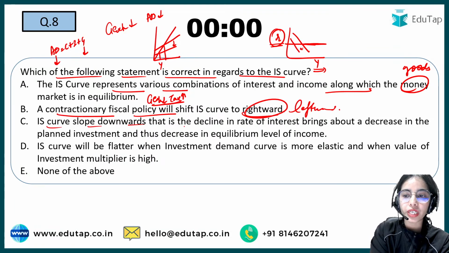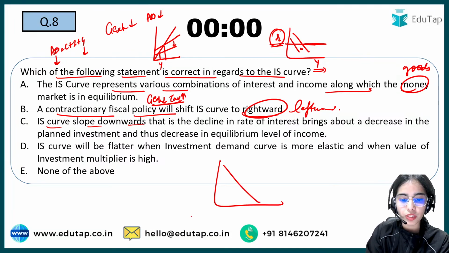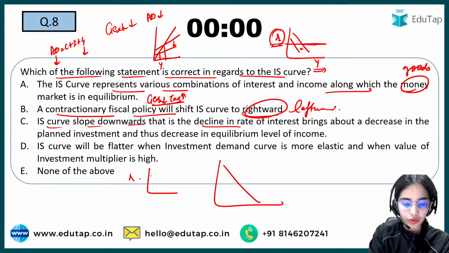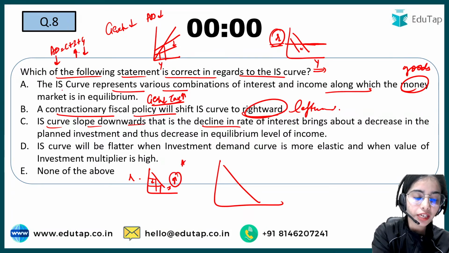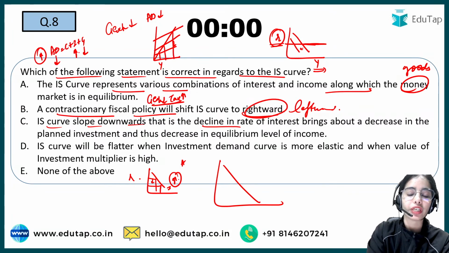The IS curve slopes downwards. That means with the decline in the rate of interest, the investment actually increases. With the increase in investment, aggregate demand increases. With the increase in aggregate demand, the level of income increases.